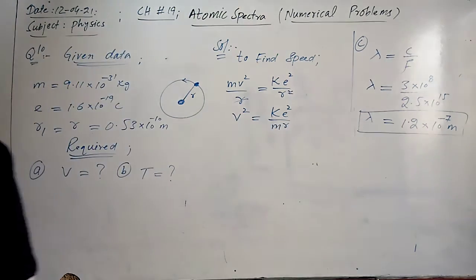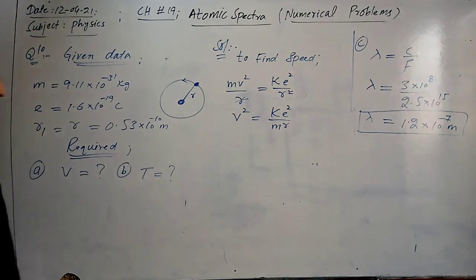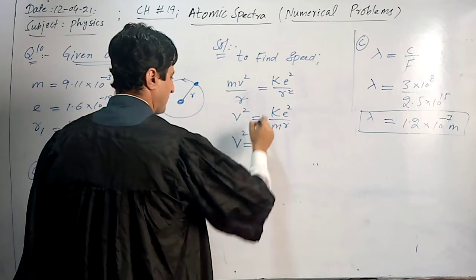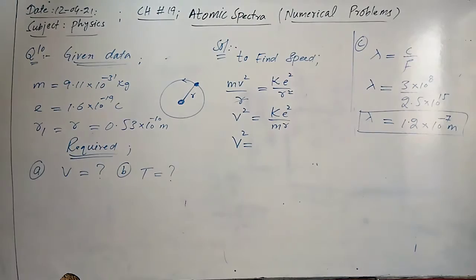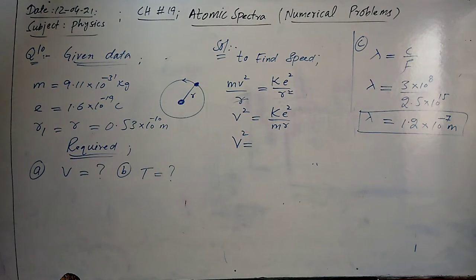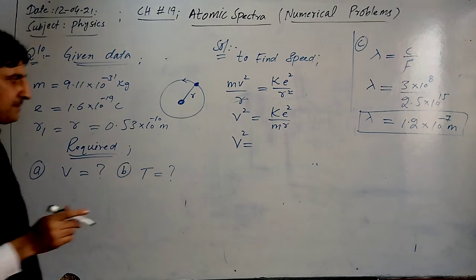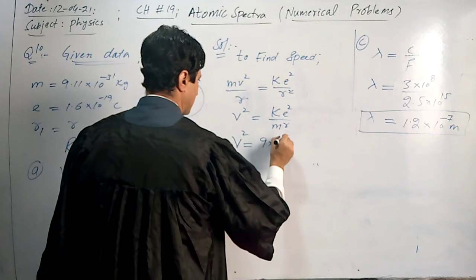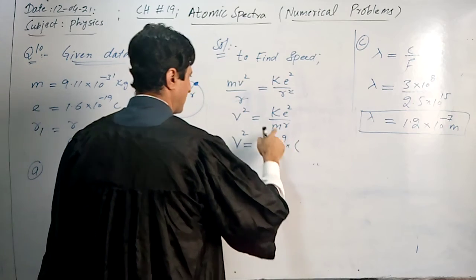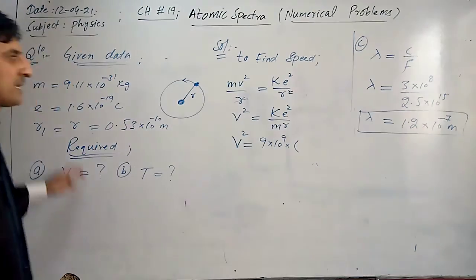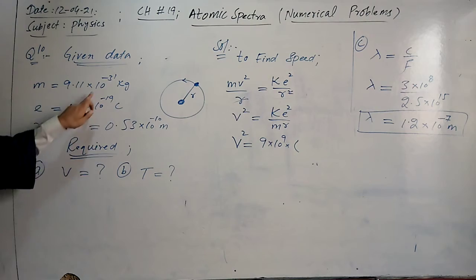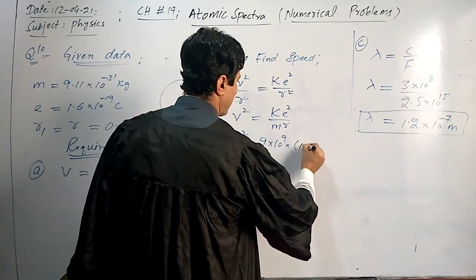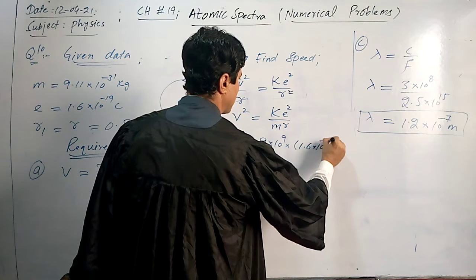Putting values in this equation, we get v square is equal to, what is the value of k? k is the Coulomb constant. Its value is 9 multiplied by 10 power 9. Similarly, this e is the charge on the electron. Its value is 1.6 multiplied by 10 power minus 19 Coulomb.